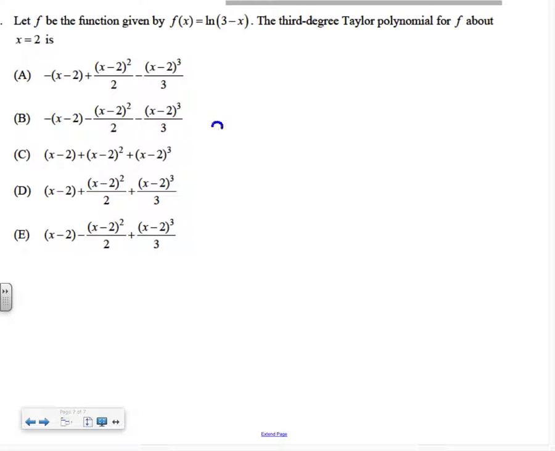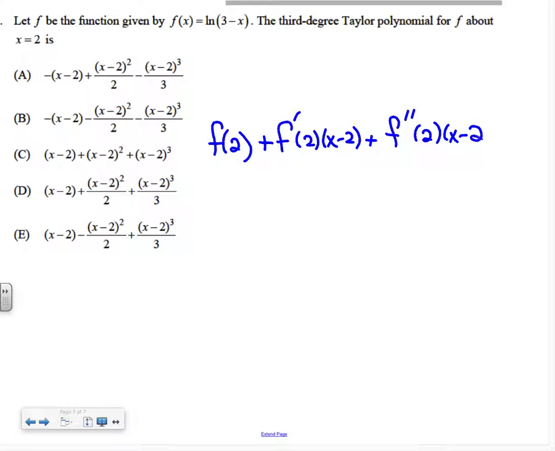I'm going to start with f of 2: f of 2 plus f prime of 2 times x minus 2, plus f double prime of 2 times x minus 2 squared over 2 factorial, plus f triple prime of 2 times x minus 2 cubed over 3 factorial.